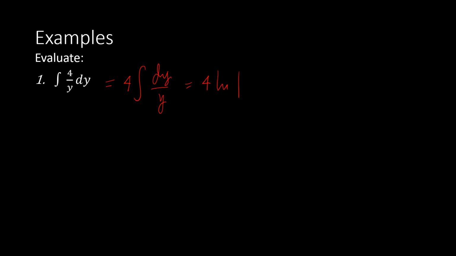Let us have some examples. So let us evaluate the integral of 4 over y dy. This is equal to 4 integral of dy over y, equal to 4 ln of the absolute value of y plus c. Now, we can write our answer as ln of y raised to 4 plus c.